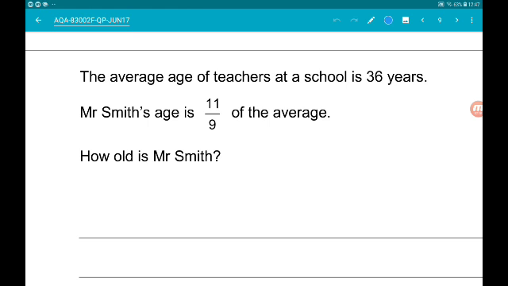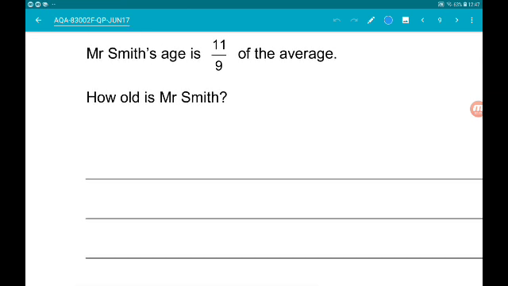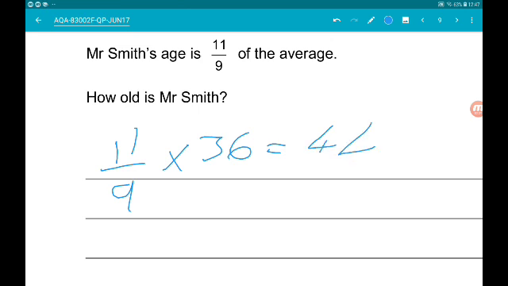Although with a calculator, we don't need to do it like that. All that we need to do is multiply the fraction by 36. So all that we do is 11/9 times 36, and that's going to give us 44. Cool.